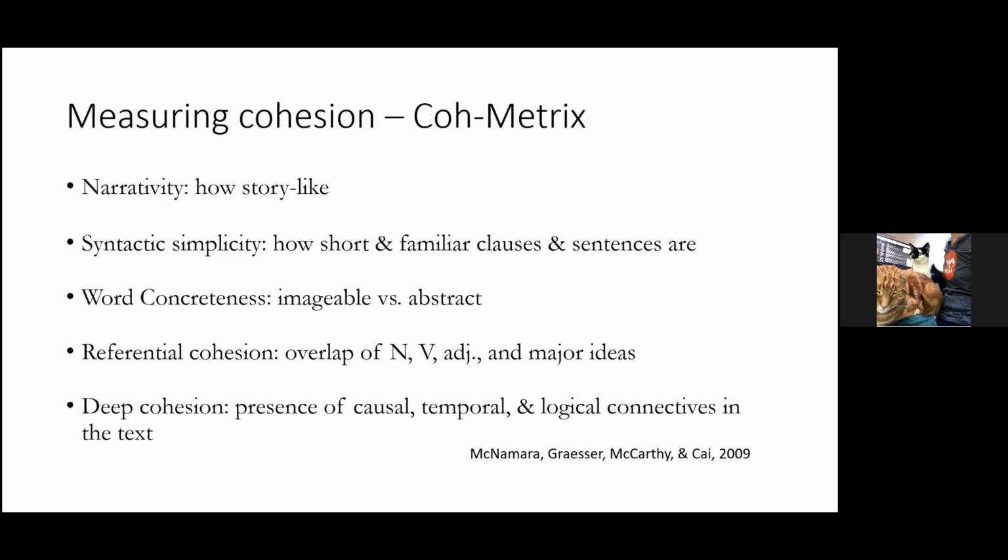So all of these pieces affect the cohesion of the text, which influences the reader's inference and reflects the inferences that the person writing it is making, because they're using these connective words, for example, for deep cohesion.